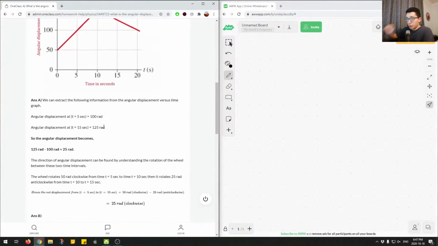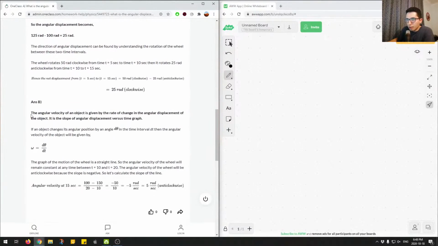Going through the junior tutor solution, we can extract the following information from the angular displacement versus time graph. They correctly go through the first step and look at the graph. At time t equals 5 seconds they get 100 radians, and at time equals 15 seconds they get 125, and then they take the difference, get 25 radians, and show that this is in the clockwise direction. For answer B, the angular velocity of an object is given by the rate of change in the angular displacement of the object.